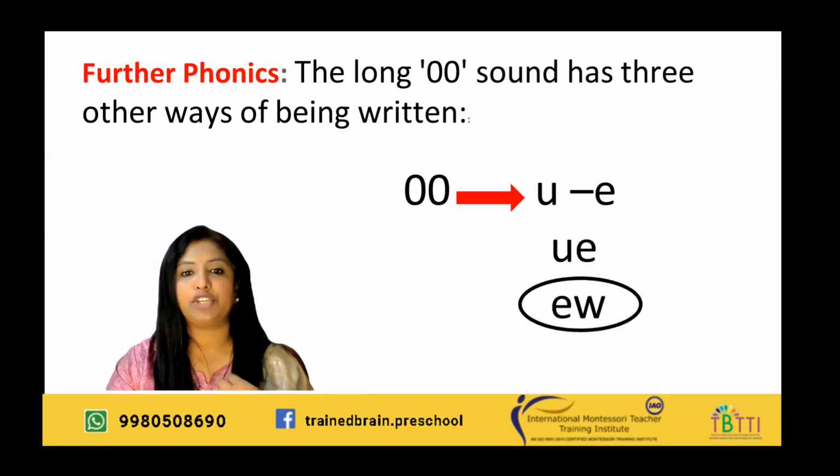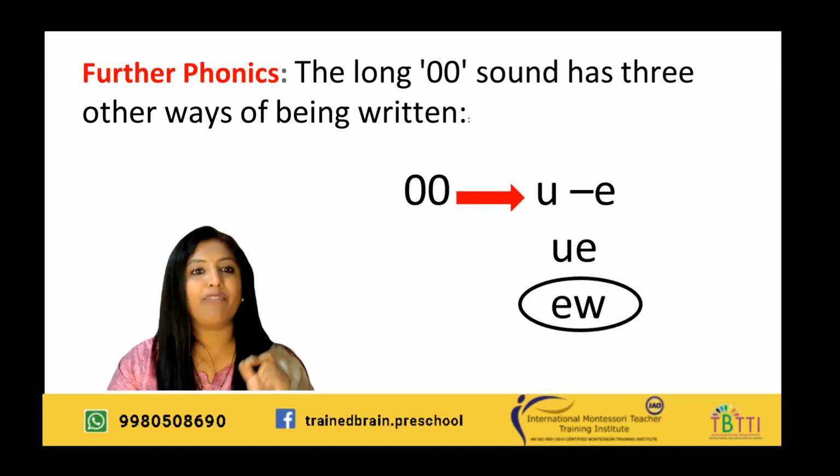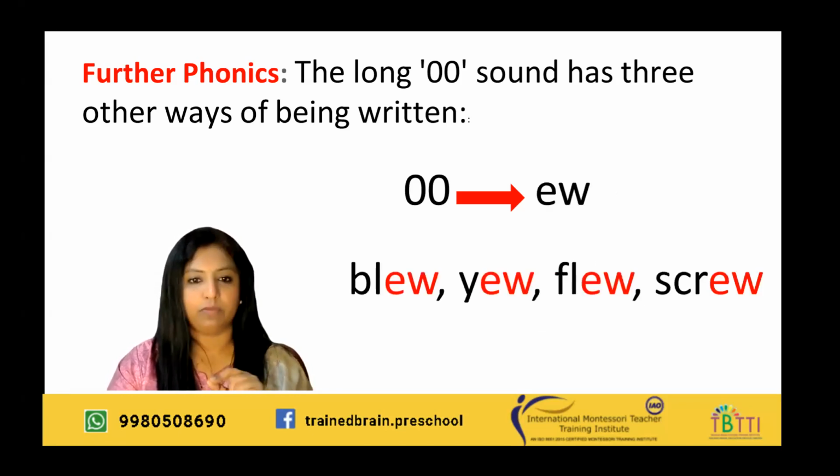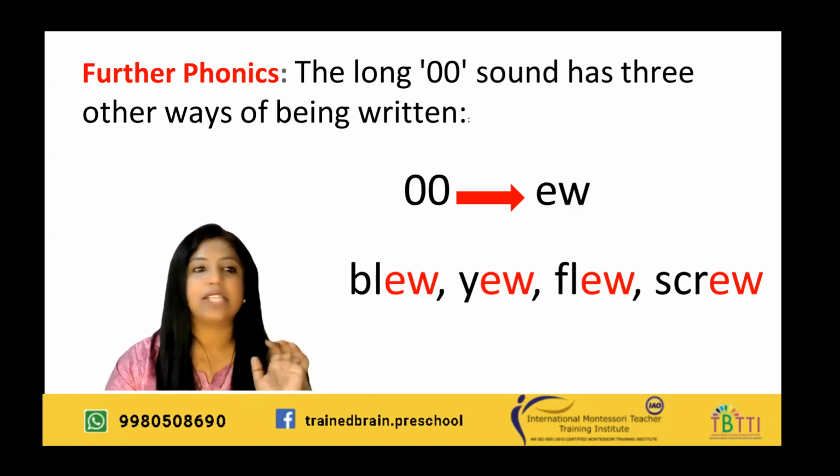My third combination could be with EW together. When I have EW together, they also make a long sound oo. Words like blue, you, flew, screw. We heard the oo sound.